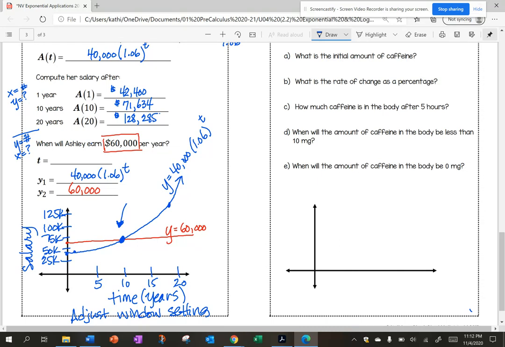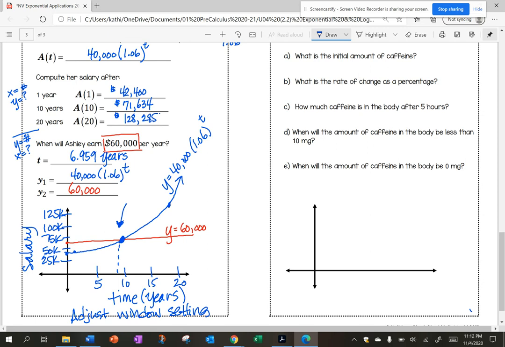So when I do the intersection, I get 6.959 years. A lot of times when we're working with exponential, we round to 3 digits.